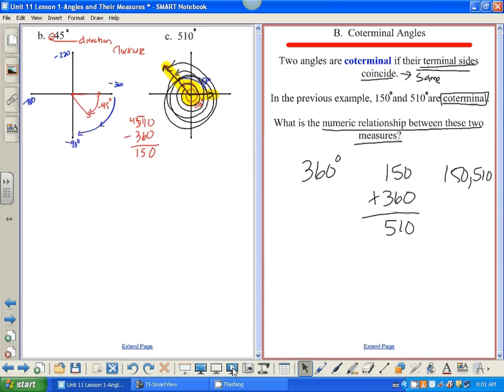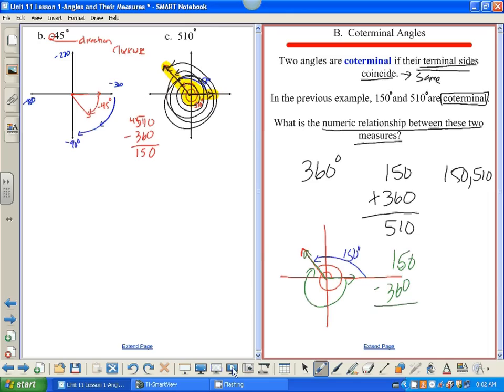Now, let me redraw this relationship. So again, I can have 510, or I can have 150, but those were both positive angles. I can also be coterminal with this angle by going in a negative direction. So I could go this way. Technically we would be taking 150 minus 360.